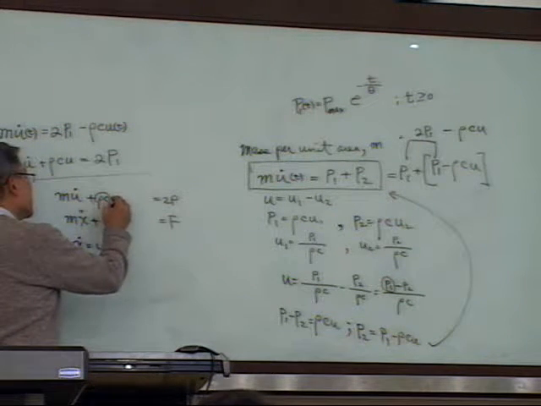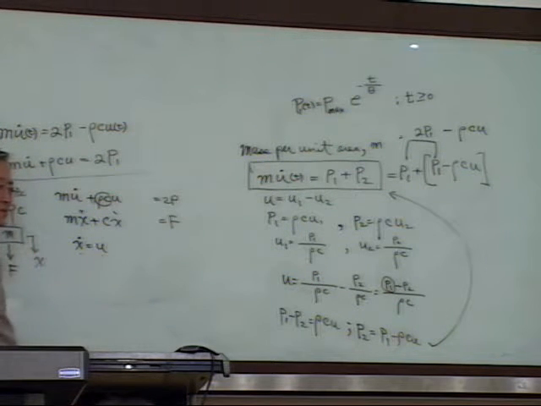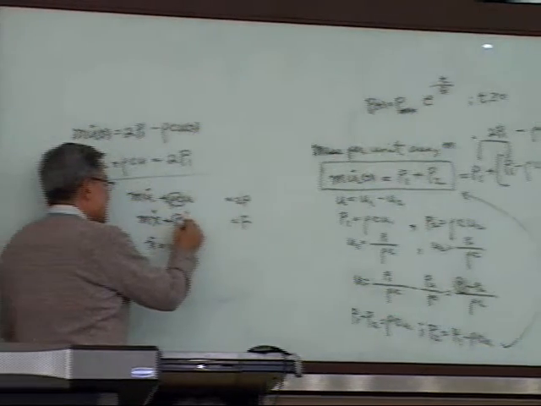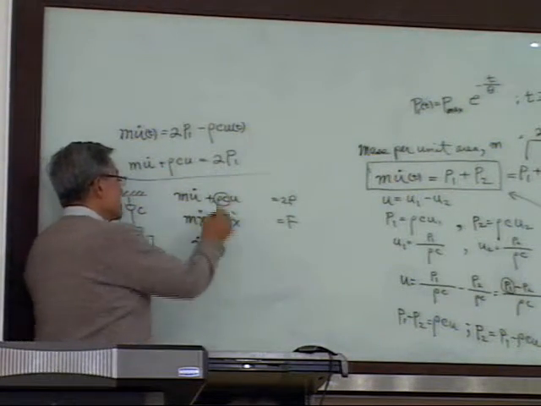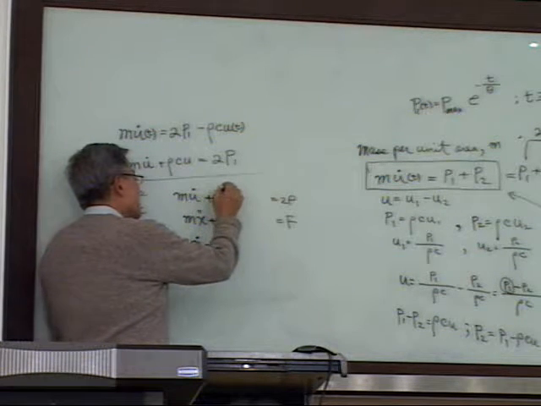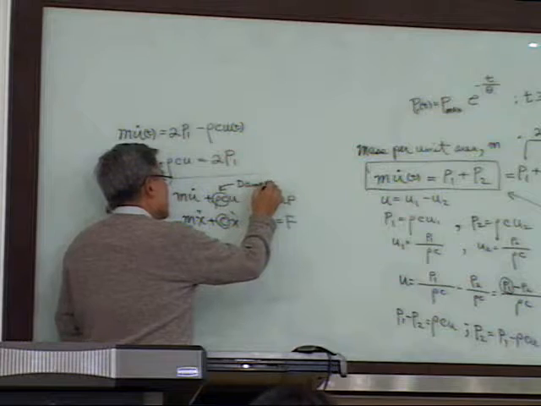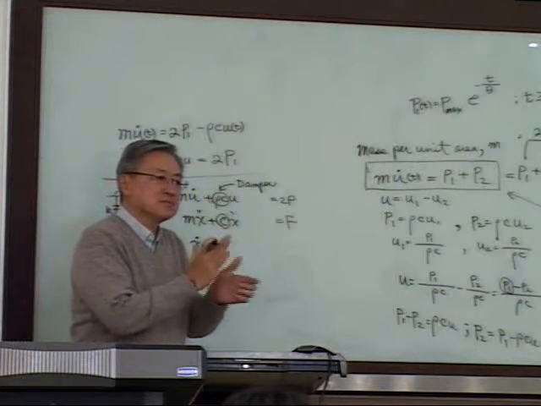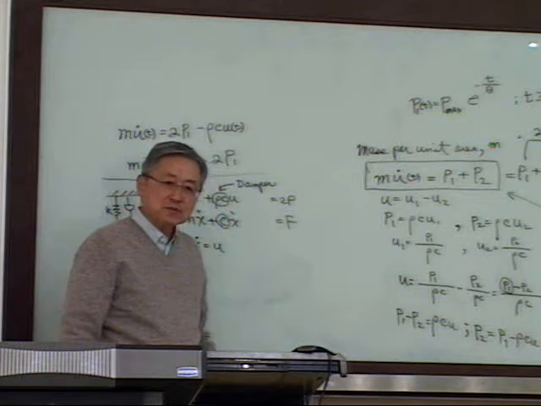So rho C: over here, C is acoustic velocity, right? And over here, C is the damper. So this is acting as a damper, acting as a cushion.